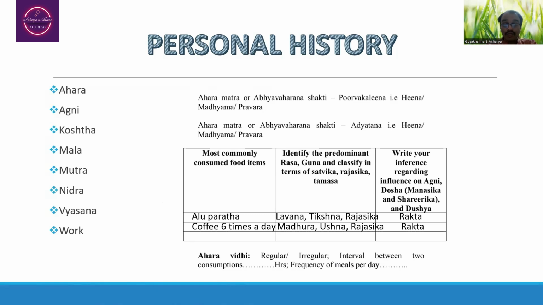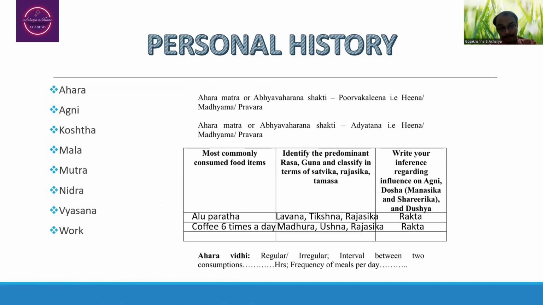In this way, we have to note the possible type of ahara consumption based on what kind of agni the person has, whether mandagni, tikshnagni, samagni, or vishamagni, etc. We can predict the nature of appearance of appetite.